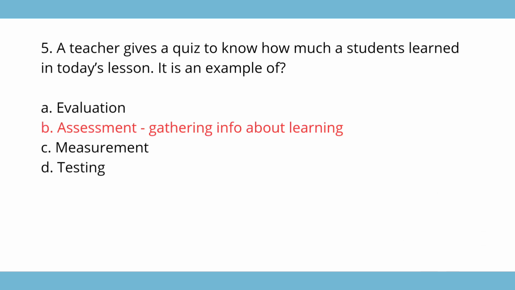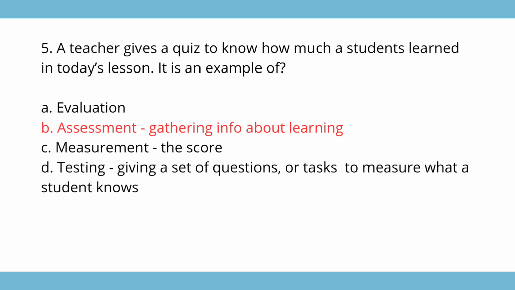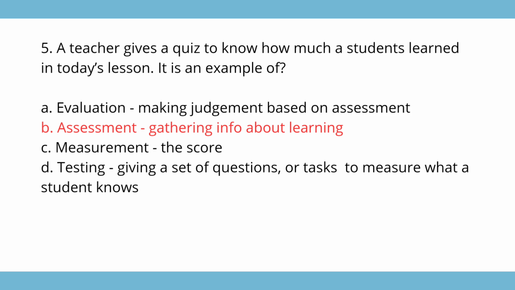The correct answer is letter B. Assessment is about gathering information about student learning using different tools: tests, observations, portfolios and performance tasks. Measurement is about the score or number you got. Testing is about giving a set of questions or tasks to measure what a student knows. Evaluation is making a judgment or opinion based on assessment.